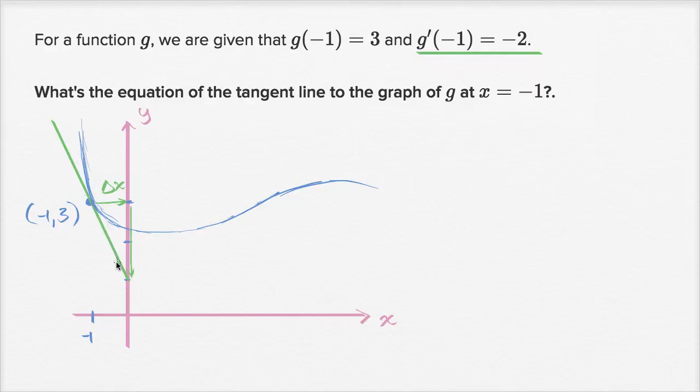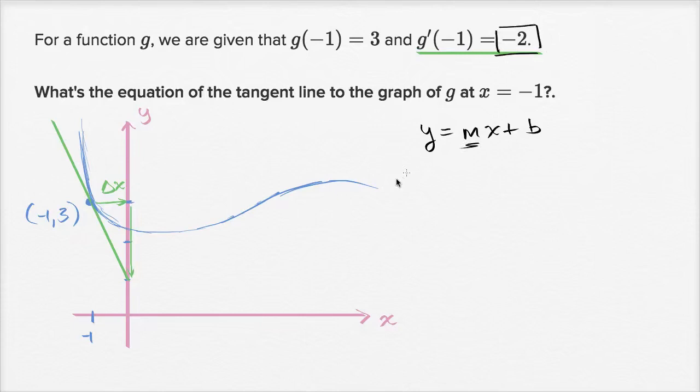There are a couple of ways that you could do this. There are a bunch of different ways to define the equation for a line. You could say a line has the form y is equal to mx plus b, where m is the slope and b is the y-intercept.